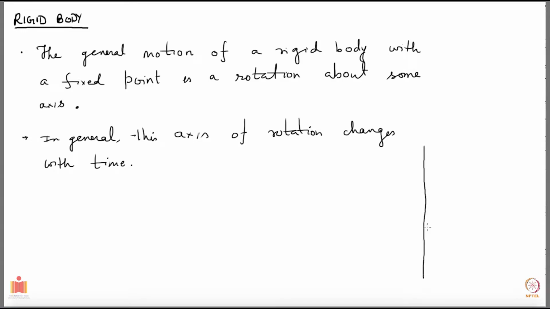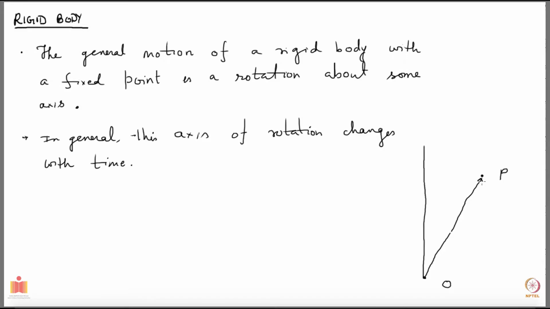That's the direction of rotation. And let's say this is a point of the body, I call it point P, and this is the origin of the body coordinate system, or the system which I have taken. Now let me draw a radius vector from here to the point P.